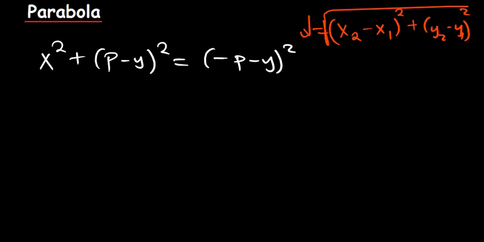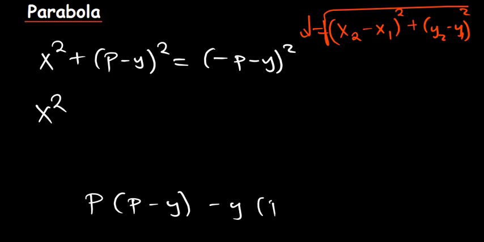Okay, and so what do we have now? We have x squared plus (p minus y) squared. You know how to expand that, so that's like p multiplied by (p minus y), and then of course negative y multiplied by (p minus y).